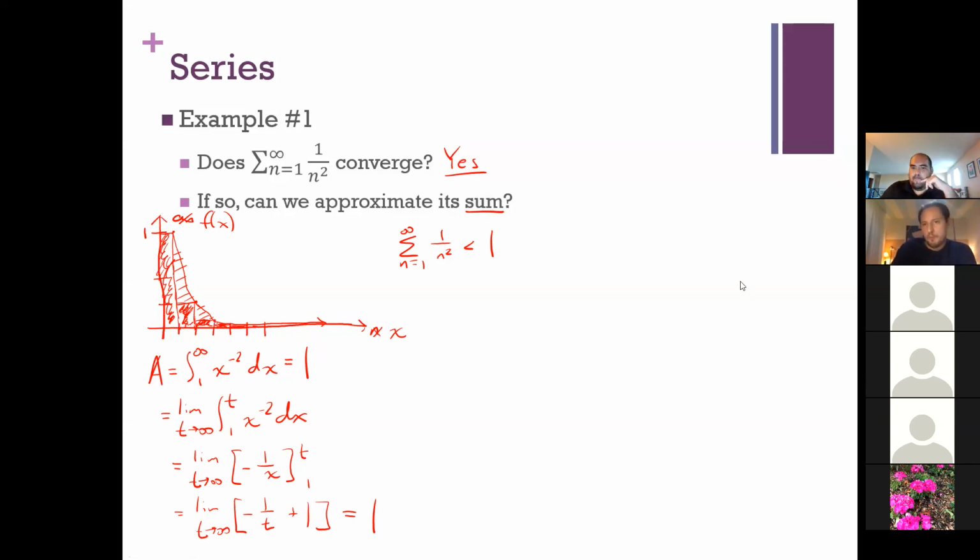But Professor, I have a doubt. Yeah, go ahead. I'm sorry. So you're not adding f of x dx, right? You're adding f of 1, f of 2, f of 3, f of 4. Yes, but it's the same thing as finding the area, because how wide are all these little intervals here?